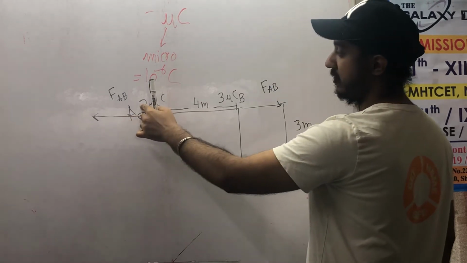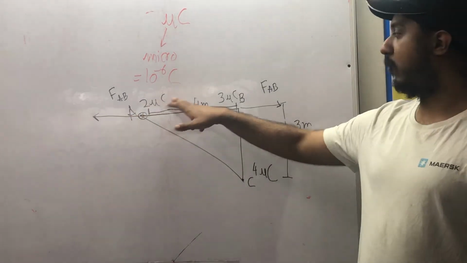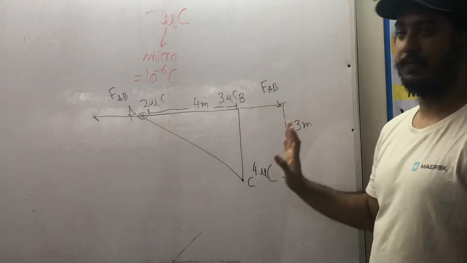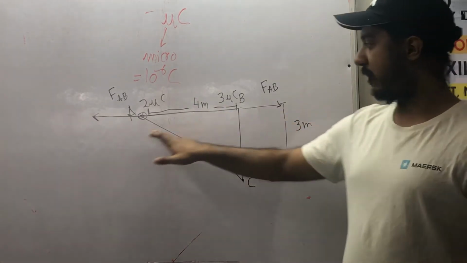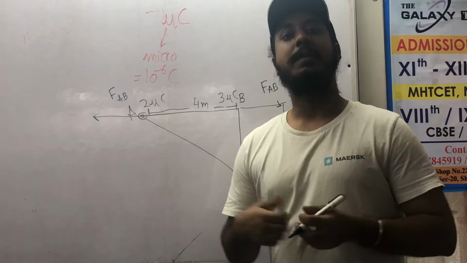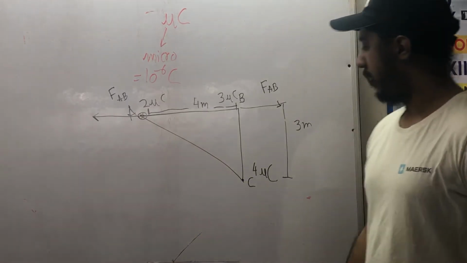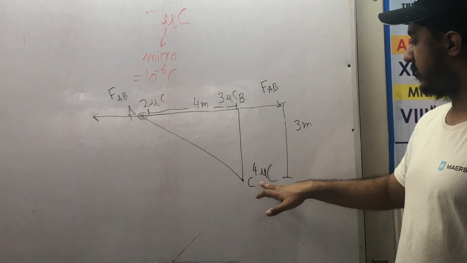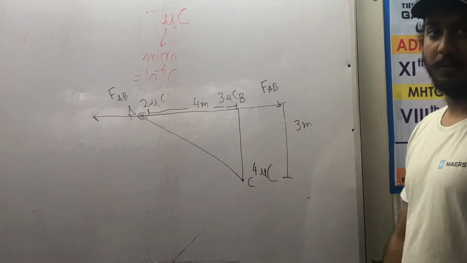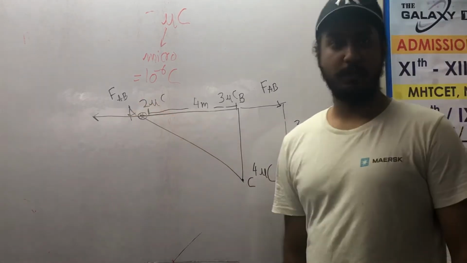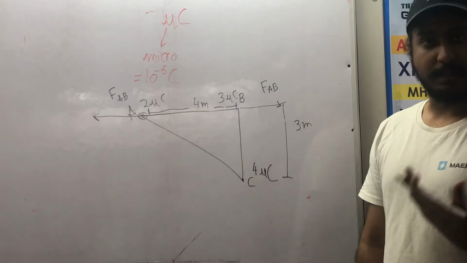See, this is plus 2 microcoulomb and this is also plus 3, so it will be a repulsive force. So I have made the arrow pointing outwards. That means they are both repelling each other. Okay. Now we will look at this 4 microcoulomb. This is also plus and this is also plus. So repulsion will happen.